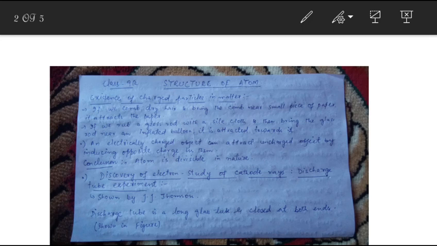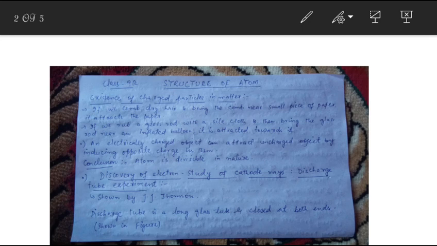This theory was able to explain the laws of chemical combination, which were put forward on the basis of experimental studies. He explained the first laws of chemical combination, that is, the law of conservation of mass, the law of constant proportion, and the law of multiple proportion.